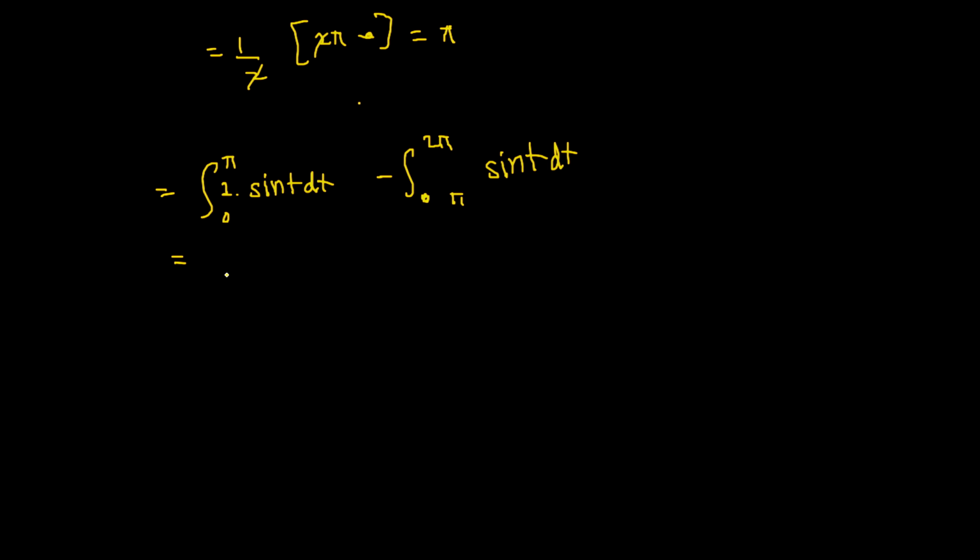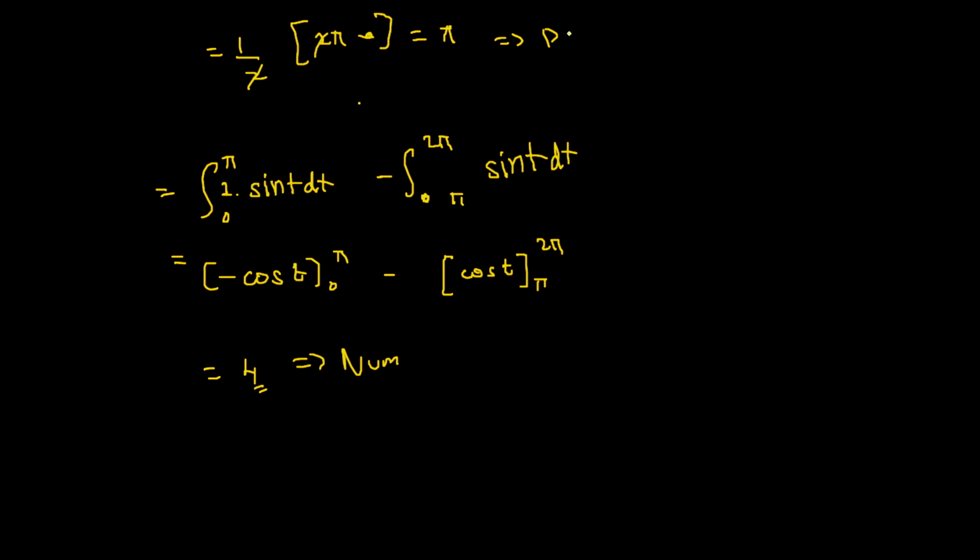This gives us minus cos of t from 0 to pi, and this becomes cos of t from pi to 2 pi. So this gives us 4. This 4 is the numerator and this pi is the denominator, right? So my C12 is 4 divided by pi.